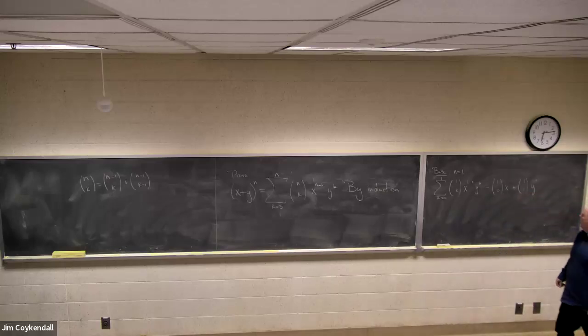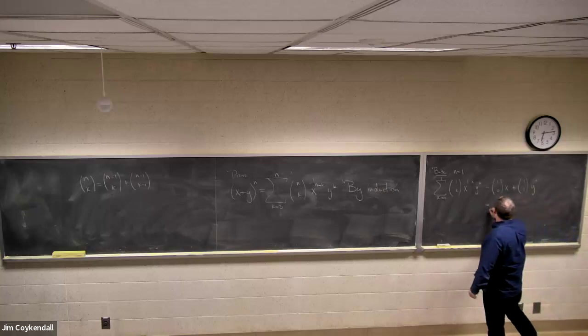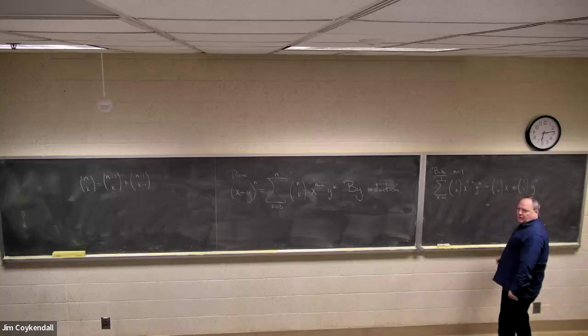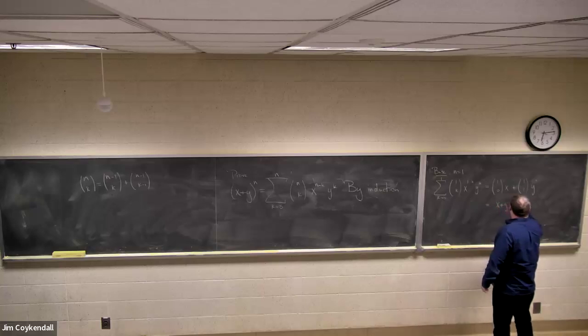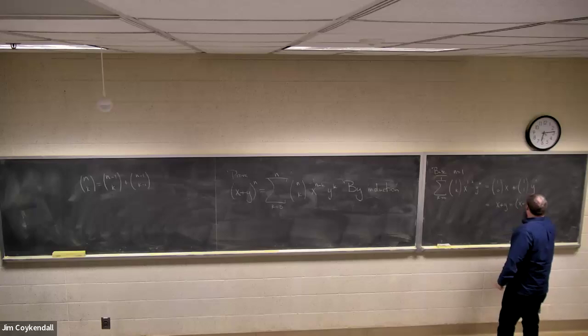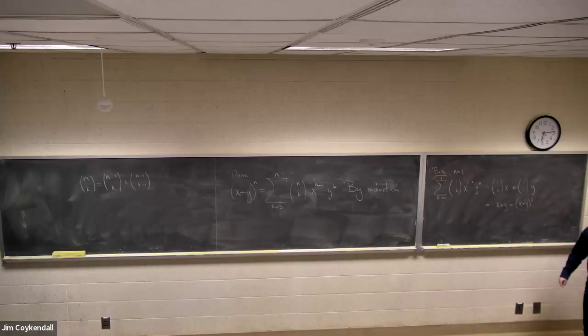Right? 1 choose 0 and 1 choose 1 are both 1. The base case is a very boring calculation. Right, okay with it? The formula works for n equals 1.